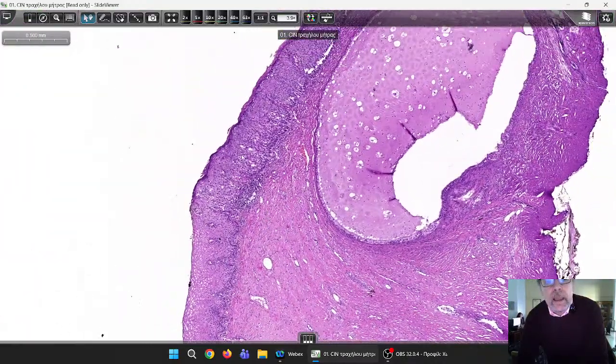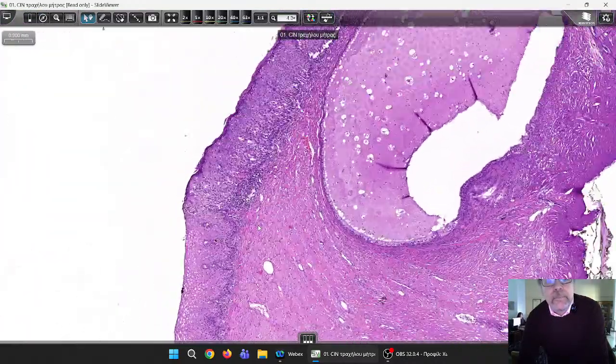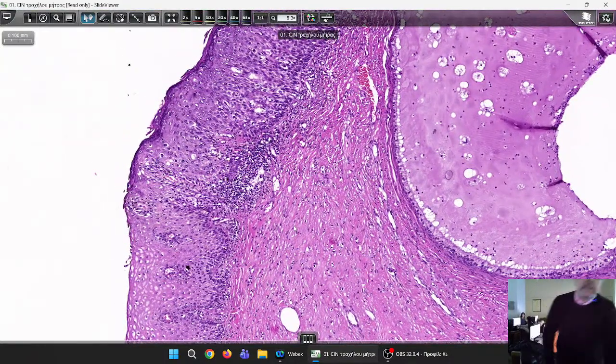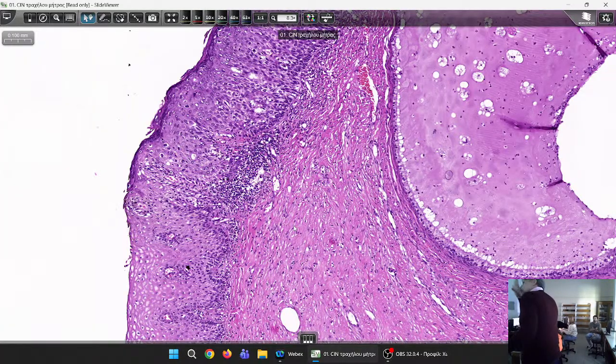So, have a look at this power field. Do you see any difference? In this image, is the epithelium the same throughout its length, or do you see something that is abnormal? What do you think? How do you understand the maturation?